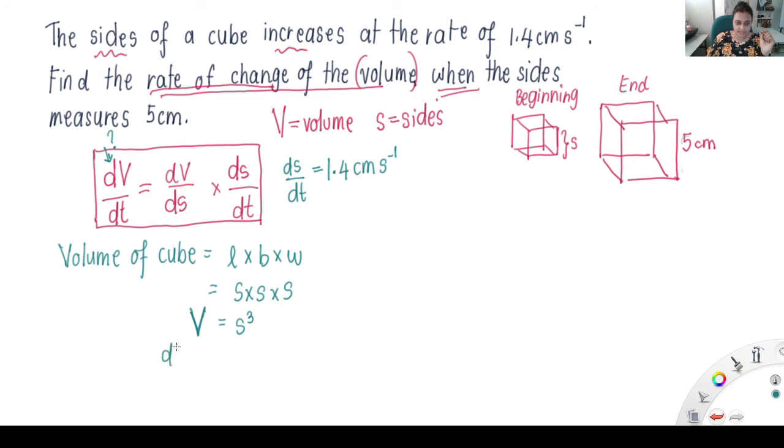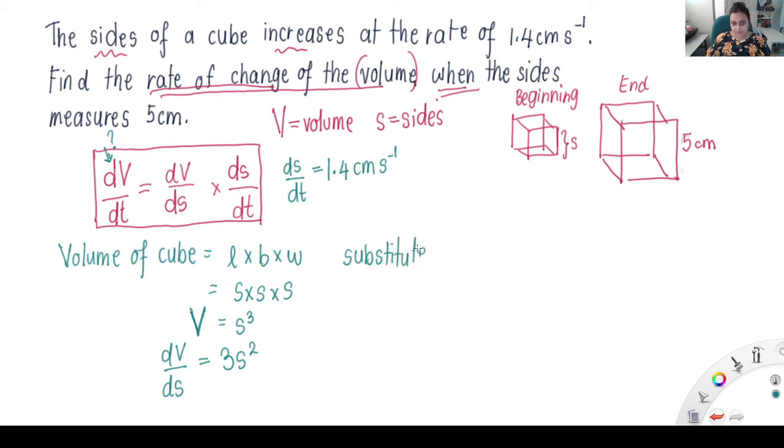So let's differentiate V with respect to s. So here dV/dS is 3s squared. Done, that's all. Now dV/dS is ready, but you need to get it in value. You cannot substitute with a letter. Now is the part where you substitute the side.